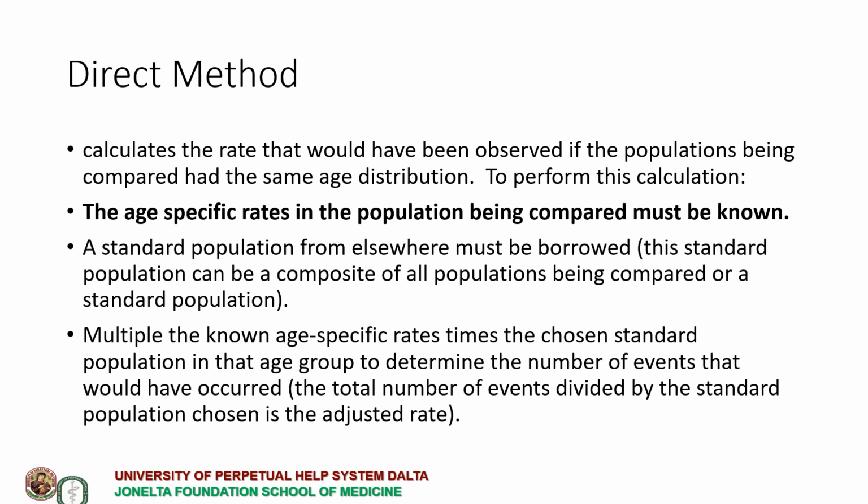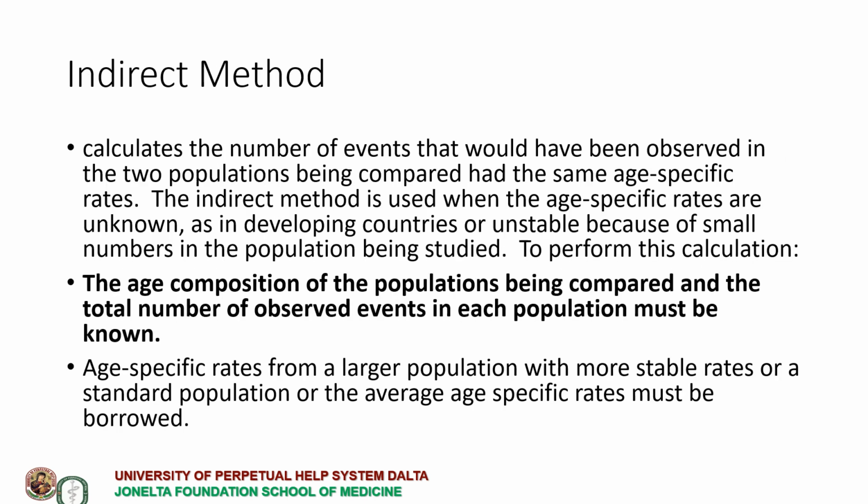Multiply the known age-specific rate times the chosen standard population in that age group to determine the number of events that would have occurred. The total number of events divided by the standard population chosen is the adjusted rate.